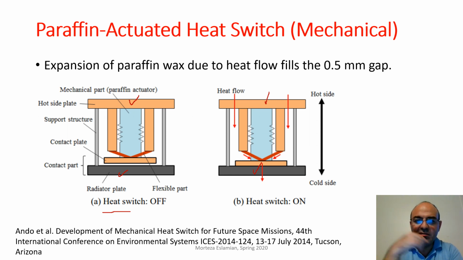And thermal expansion of paraffin will result in expansion of this flexible tube, and then the connection will be made. And this is the reference paper for this kind of paraffin actuated heat switch.